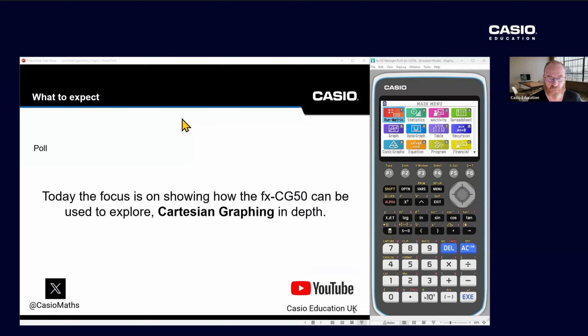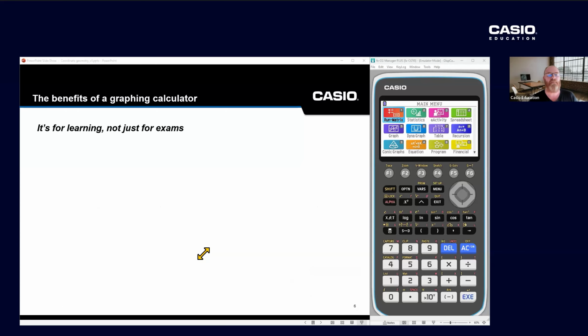I can't assume that you know how to navigate or use certain keys, so I might explain a little bit more than necessary. So, benefits of using a graphing calculator. Personally, I think it's an amazing piece of technology, both for teaching and learning.